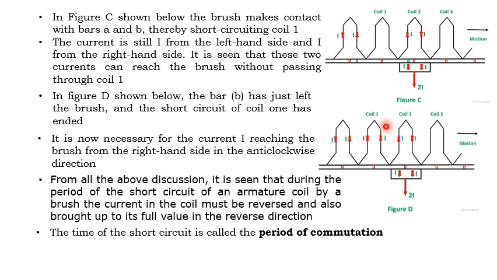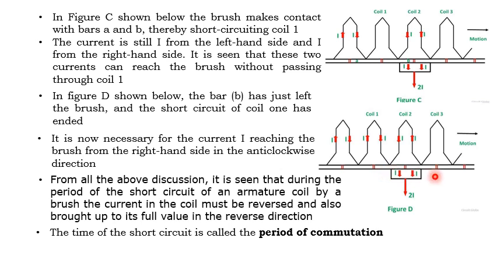Now it is necessary for the current I reaching the brush from the right hand side to be in the anti-clockwise direction. Now in this case, whatever the current, suppose it comes to this brush here.